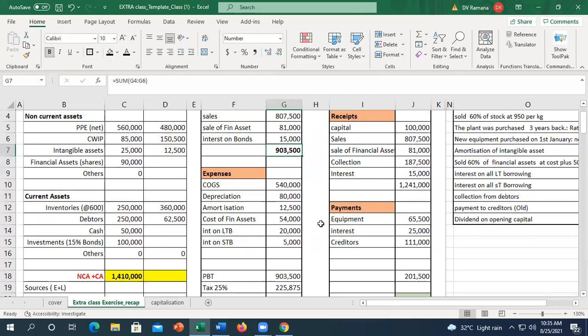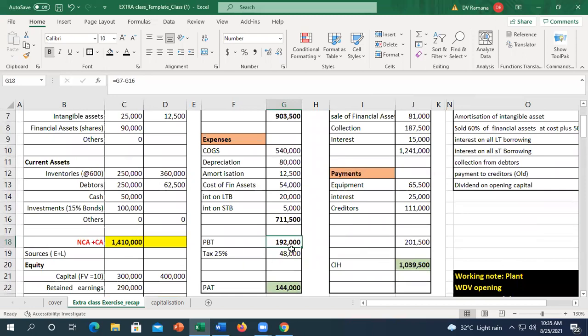And what are the total expenses? The total expenses are COGS, depreciation, amortization, cost of the financial assets, interest on long-term borrowings, and interest on short-term borrowings. Sum them up, you get 711,500. So PBT is equal to income minus expenses, which is 192,000 as profit before tax.